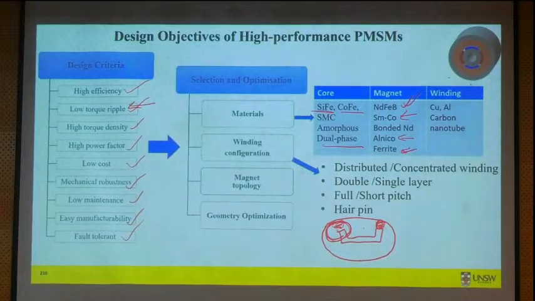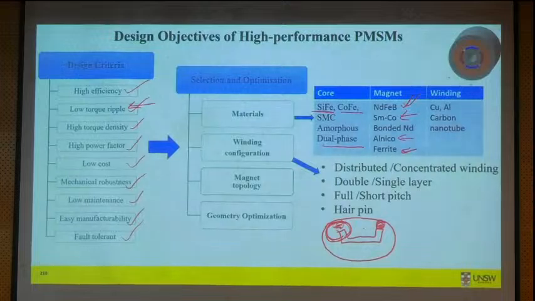If you are using ferrite, how can we improve torque density, and how can you make it magnetically robust? Okay, so that would become your design criteria if you are using ferrite. But you can then get a very cheap motor, because ferrite will be the cheapest magnet material.